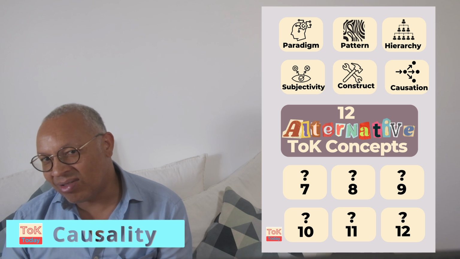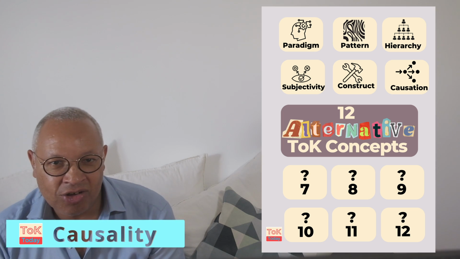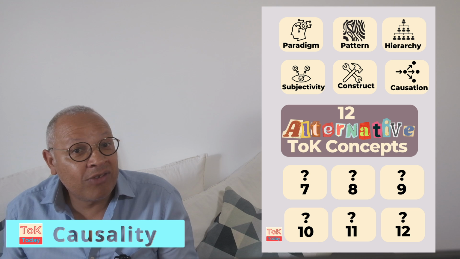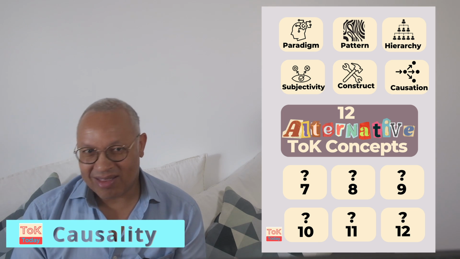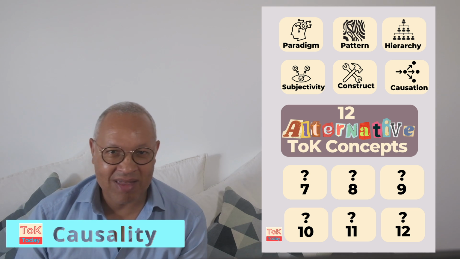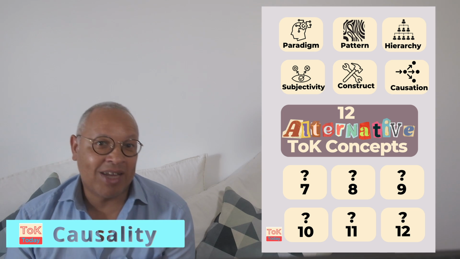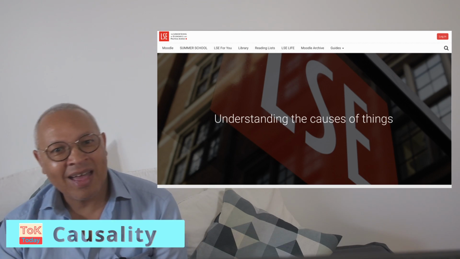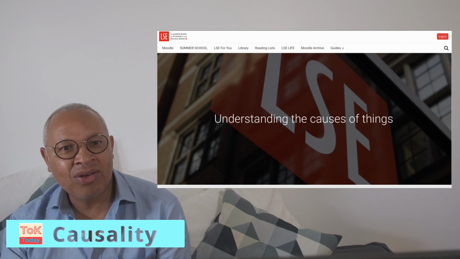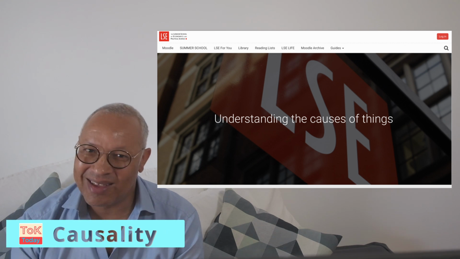I often meet students who find it difficult to evaluate human and scientific knowledge because they've not been taught causality. Obviously, causality has good links with IB's ToK concepts of certainty, explanation, and evidence. Finally, causality should be on this list because the best university in the world has as its mission statement to know the causes of things.